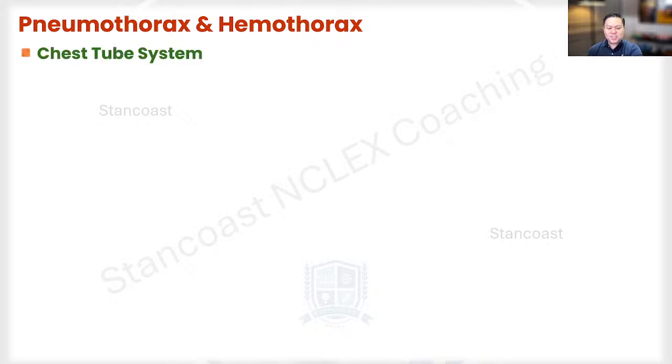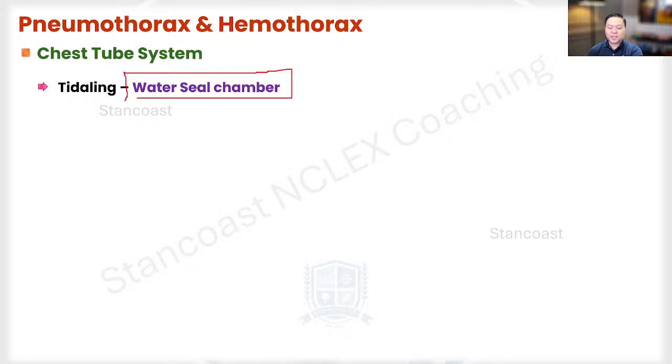Now, this time we're going to talk about the tidaling. All right, so this is another observation that you need to pay attention to in this patient. So what is the tidaling? This is going to be observed again in the water seal chamber. We're not gonna look into the water in the drainage chamber, or let's say the suction chamber, but we will focus on the water seal.